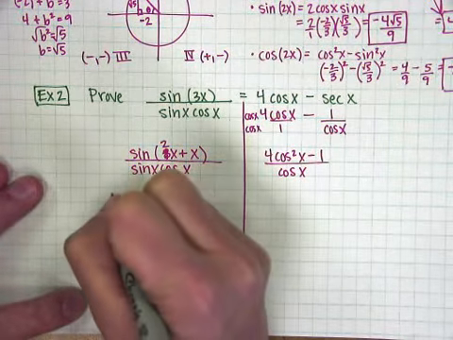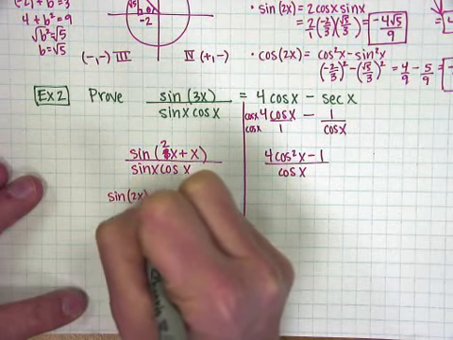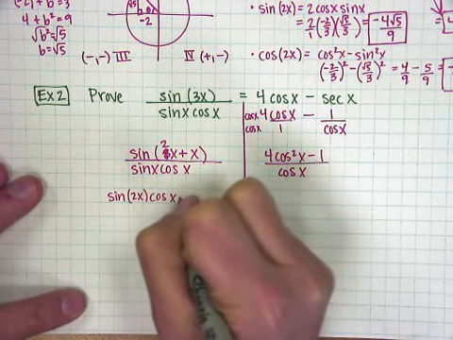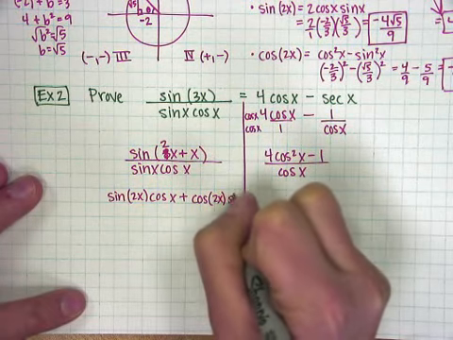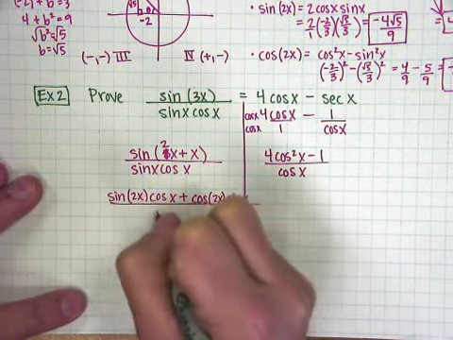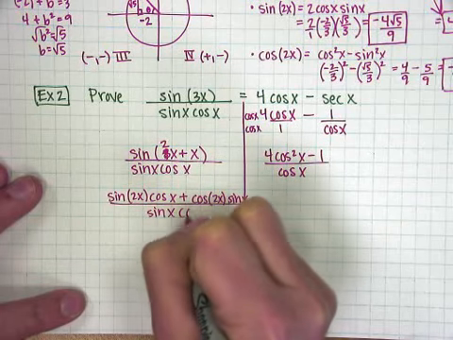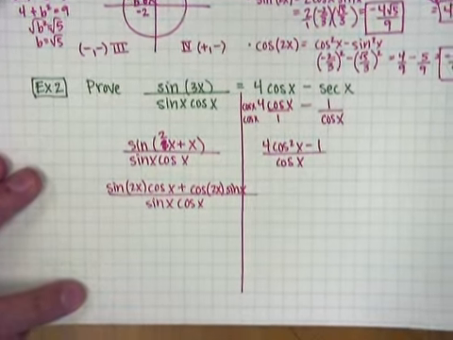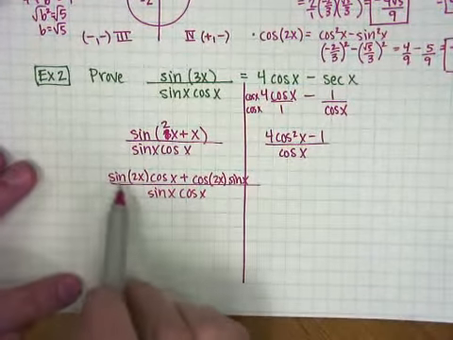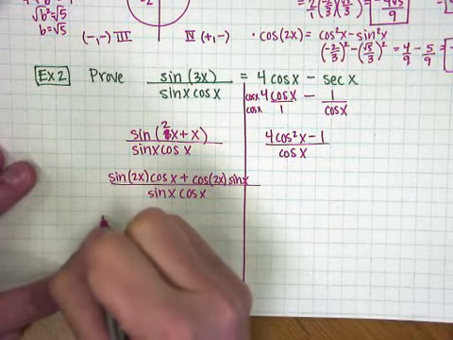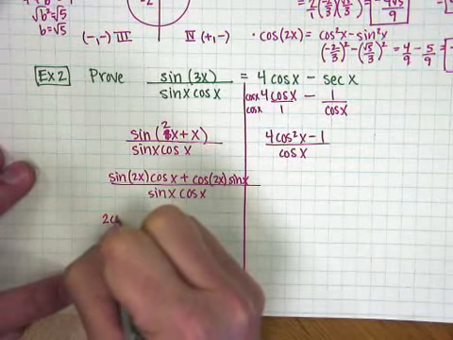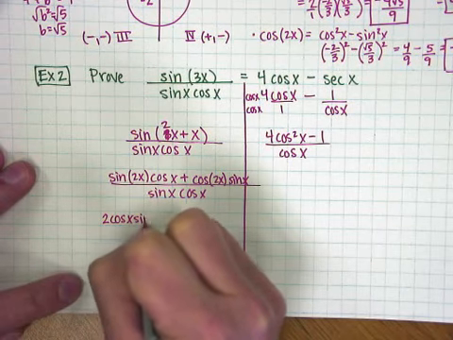So I'm going to say that I've got sine 2x times the cosine x plus cosine 2x times sine x all over sine x cosine x. Okay. From here, now I have sine of 2x, so I can use my double angle formula that we learned today. So sine of 2x is 2 cosine x sine x.